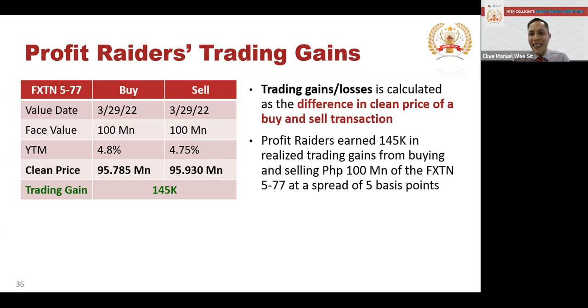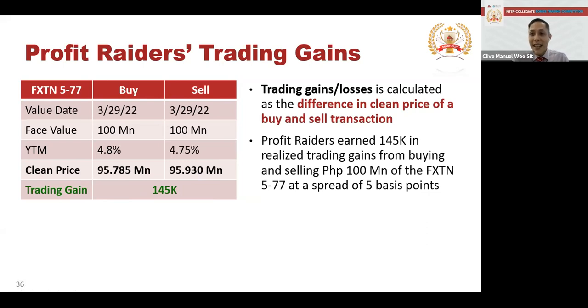So that difference in the clean price is 145,000, because the clean price at the buy using the FXTN valuation formula is 95.785 million. And then the sell clean price is 95.93. Hence it's 145,000. Now the assumption here is that the buy and the sell trade was done simultaneously. It's settled on the same day, March 29, 2022.